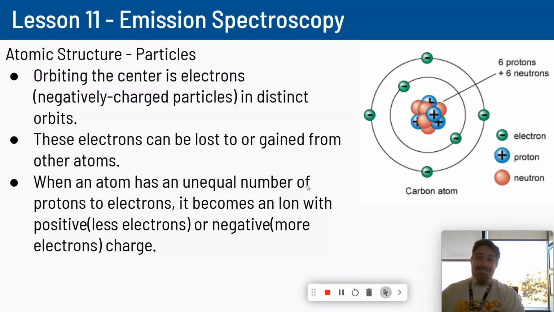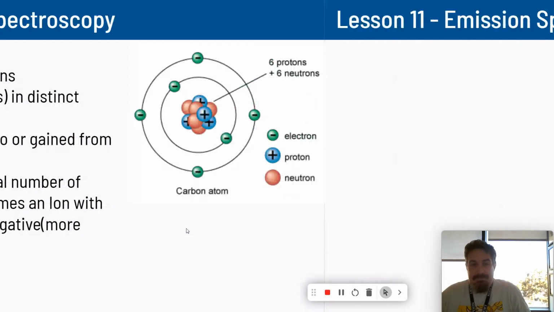When an atom has an unequal number of protons to electrons, it becomes an ion. An ion is just any atom that is not balanced, so it has a magnetic or electric charge. Okay? It's positive when there's not enough electrons to cancel the protons, or it's negative when there's more electrons than protons.